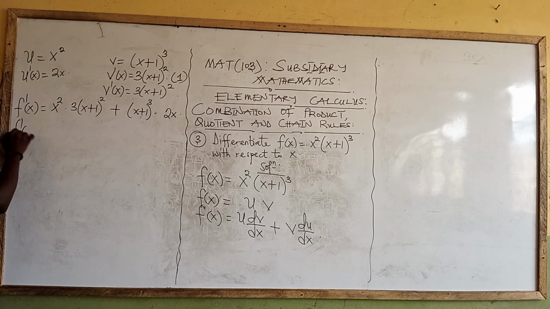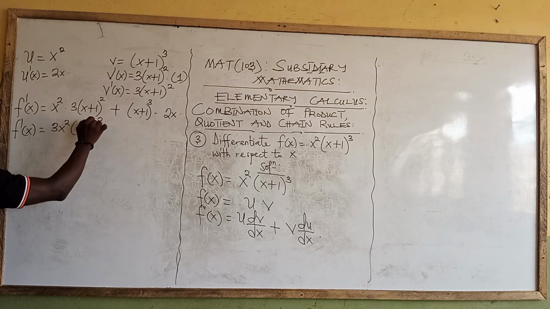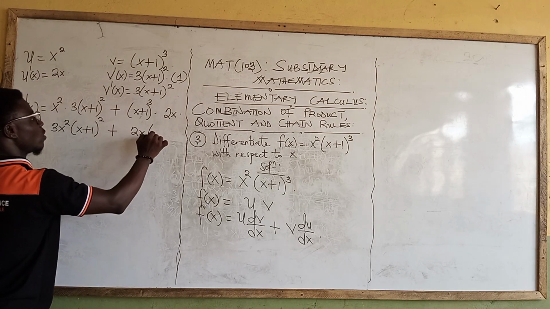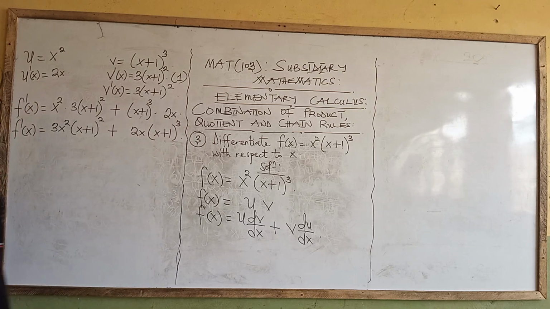So f prime of x must be equal to, they are multiplying, 3x squared times (x plus 1) to the power 2, plus 2x times (x plus 1) to the power 3. You can get this. We can see that our answer is quite simple here.